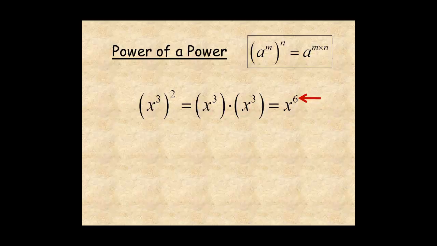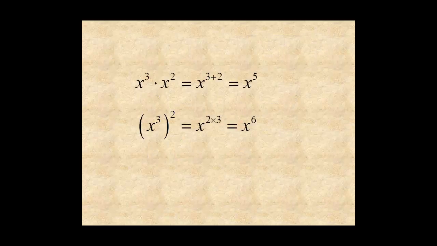So it makes sense that you would multiply the exponents, since multiplying 2 times 3 means 2 groups of 3, or 6 factors of x. It's very easy to get these two properties mixed up. However, if you take the time to learn and understand what they mean, you'll never get confused.